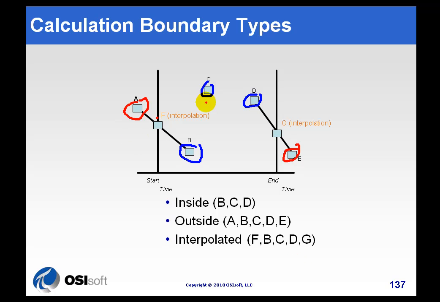So it's A, B, C, D, and E. And then if we choose interpolated, with an interpolated value, we do not get A and E. What we instead get is F as an interpolated value, G as an interpolated value, and then all the values inside, which would be B, C, and D.